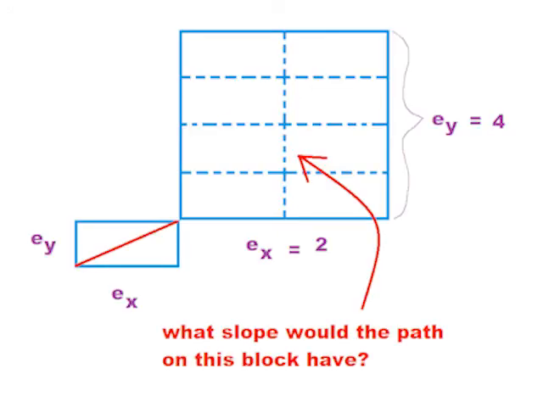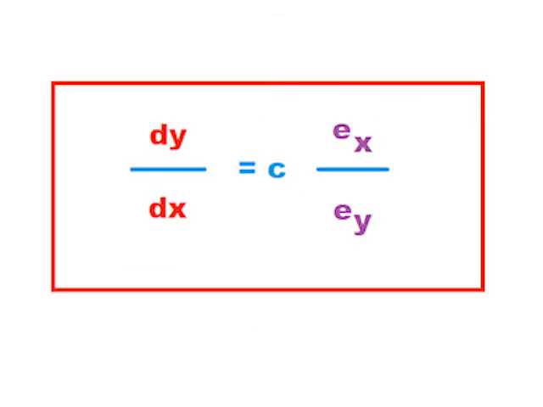But if we follow the path to the next block over, we end up being in a space with a basis ex equal to 2 of the previous ex and ey equal to 4 of the previous ey. What would the path here be to preserve the straightness of the path? Let's use our new tool to find out.